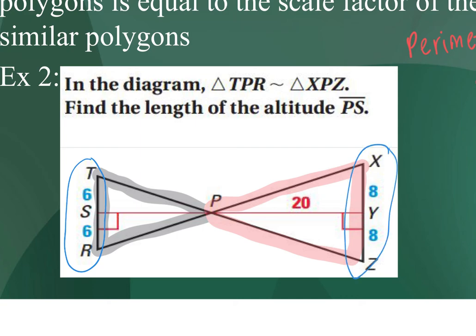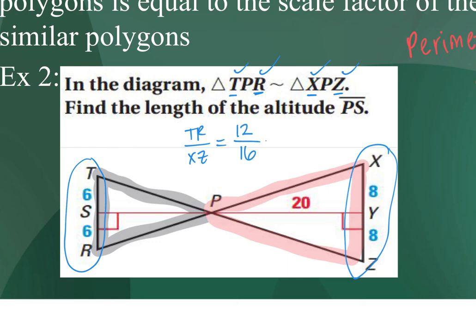Now, double check, TR, does it match up with XZ? Right, it's the first and the third, so they do match up, okay? So, all right, let's set it up. TR over XZ will give us our scale factor, okay? What's the length of TR? 12. What's the length of XZ? 16, okay? Now, let's simplify our fraction.